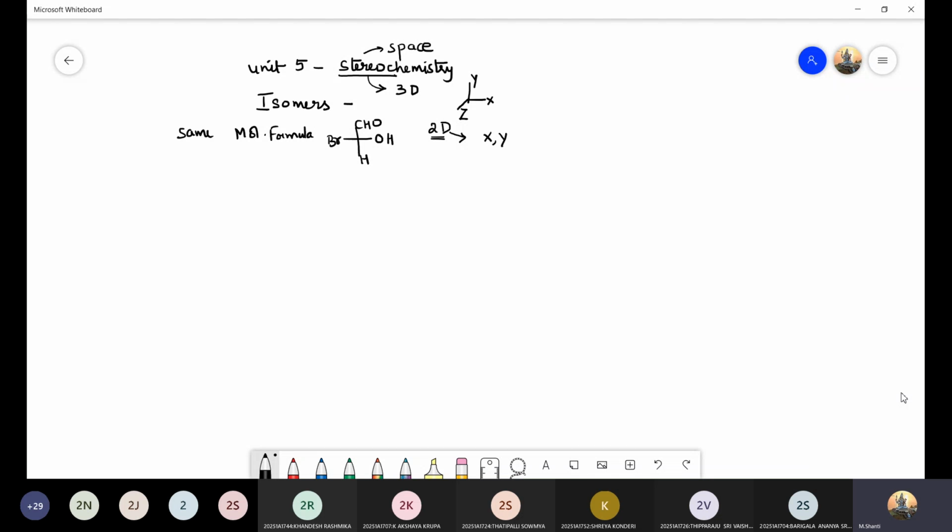So isomers are those compounds which have the same molecular formula, but they have differences in their physical properties, chemical properties, or sometimes even both. So these are termed as isomers. Now, what is isomerism then?